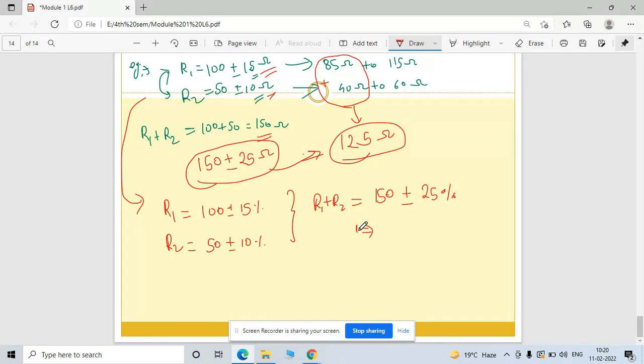When I calculate this, here you need to find out the absolute error. So 150 multiplied by plus minus, actually this is a multiplication, so this is your plus minus of absolute error.